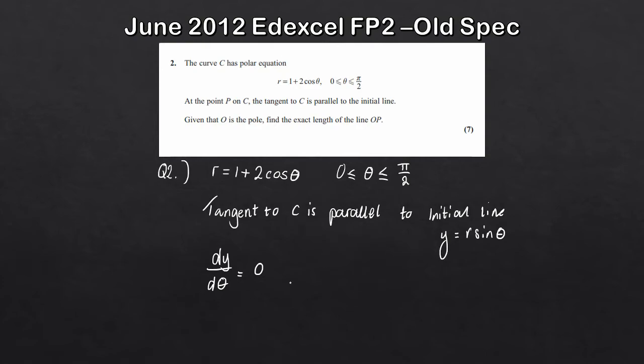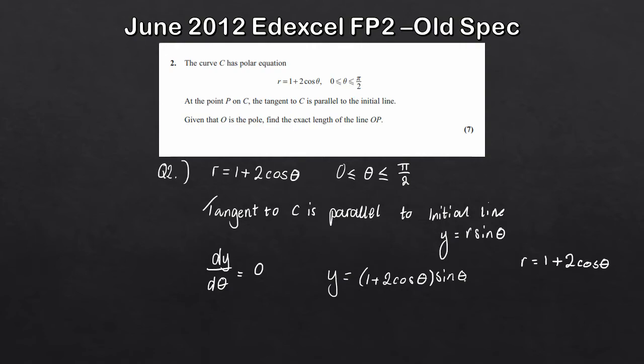So putting all that together rather than just saying it, what we've got then is y equals r sine theta. So what we've actually got here is r, which is 1 plus 2 cos theta, times sine theta. Just putting our equation together here, r sine theta, where r is 1 plus 2 cos theta.